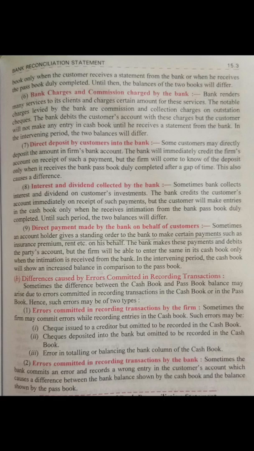Next, interest and dividend collected by the bank. If a company is investing its money somewhere, some interest or dividend is generated because of that, and it is collected by the bank directly, and we haven't recorded that collection in our cash book. Similarly, the last one is a direct payment made by the bank on behalf of the customer.